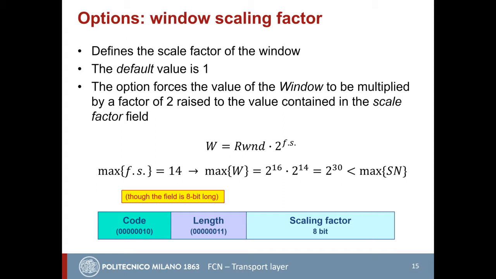So in theory you can go up to a higher value, but the maximum acceptable is 14. So the maximum scaling factor is 2 to the 14, and in this way you can make the window almost as large as the maximum volume that you can use to number the bytes, that is 2 to the 32.